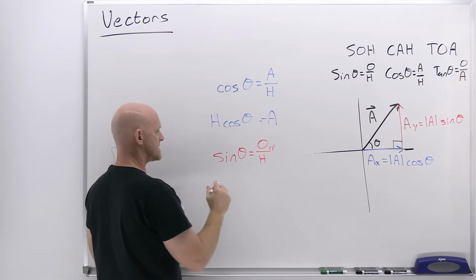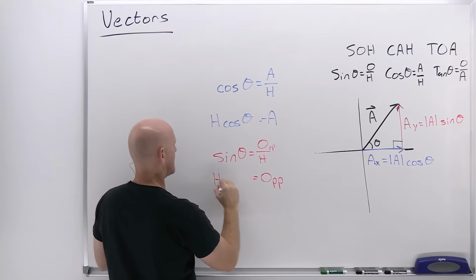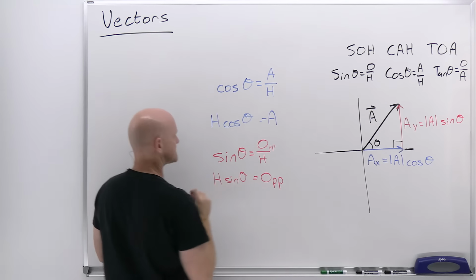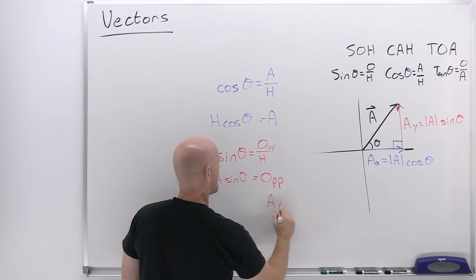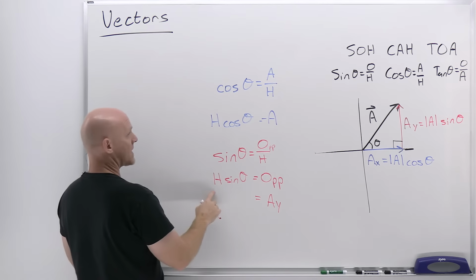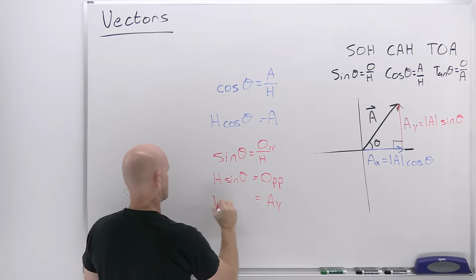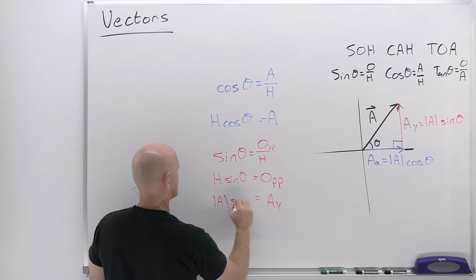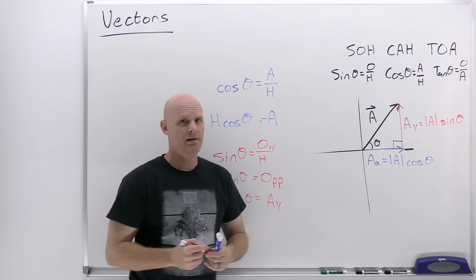So if I solve for that opposite side, it's going to equal the hypotenuse times the sine of the angle. Again, this opposite side is our y component, and your hypotenuse is the magnitude of the resultant vector, and then times the sine of the angle. And that's where we get that y component.